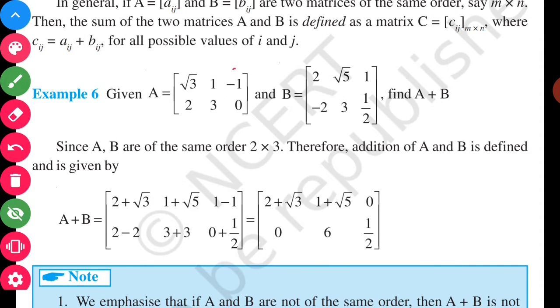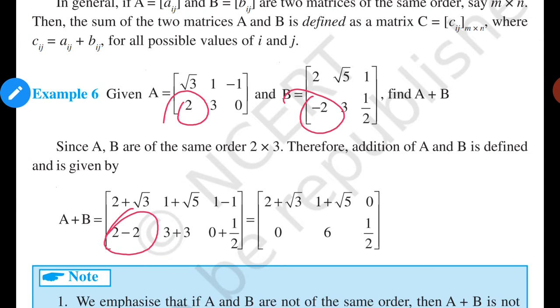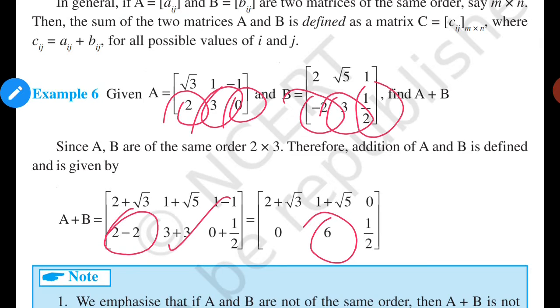The third element is minus 1, and here the third element is 1, so 1 minus 1. For the second row it is 2 and minus 2, so 2 plus minus 2. The next one is 3 and 3, so here it is 6, and last is 0 and half, so 0 plus half.